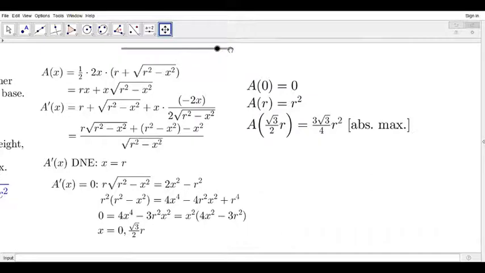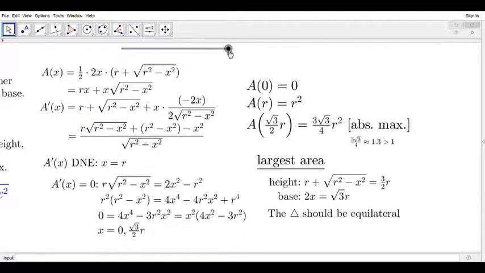Now, again, don't forget to answer the question, what are the dimensions, which we've already identified from the previous two solutions. I just wanted to point out that in case you're doubting whether this really is the larger area, if you approximate that coefficient, it's larger than 1. So this is really greater than the second area, A of r equal to r squared.